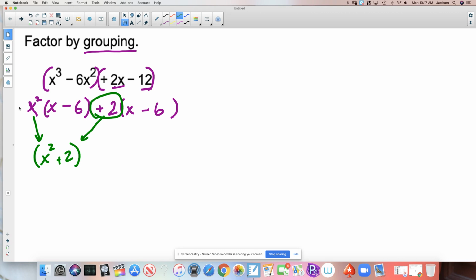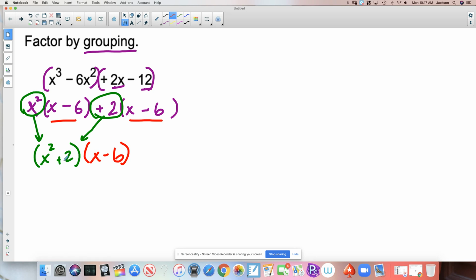So that's why the plus sign was important to have there. So we take the x squared, we take the positive 2, they get put in their own binomial. And then this is where things get kind of weird. We take this binomial, the x minus 6, they have to match, they have to be exactly the same. And we write that binomial one time. We don't write it twice, even though there are two of these.